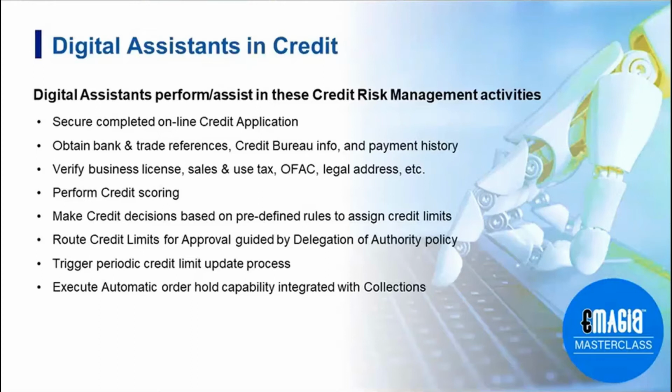Also triggers the periodic credit limit update for existing customers. And then the last thing is the digital assistant also will trigger the order hold capability. I gotta tell you, for a number of customers, they don't have a really good credit process. They really don't have a good collection prioritization methodology.